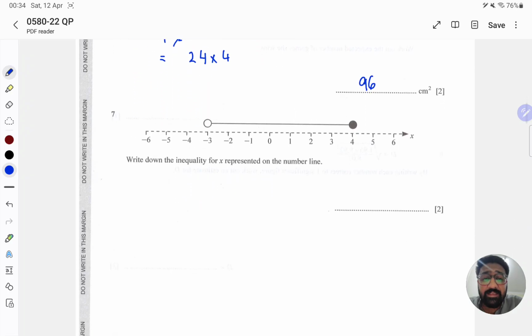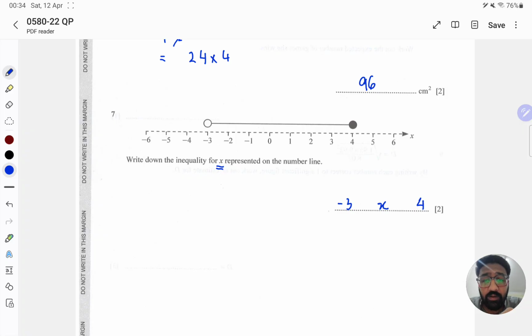Question number 7 says write down the inequality of x represented on the number line. You should know that the minimum value on the number line is -3, and the maximum value is +4. Now you will write down x in the middle because that's the variable they are talking about.